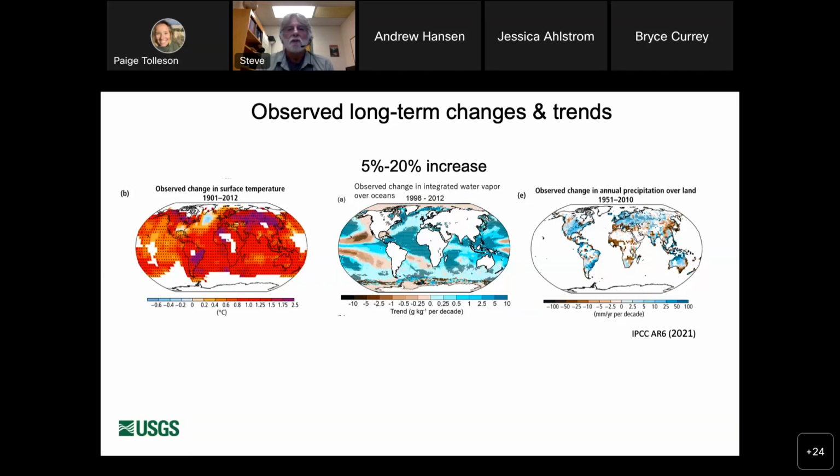And you can see that there's been pretty substantial changes spatially there in terms of increases and some decreases in water vapor. And then these changes also involve and create precipitation, which again is spatially heterogeneous over the globe. And so the changes again are not uniform.